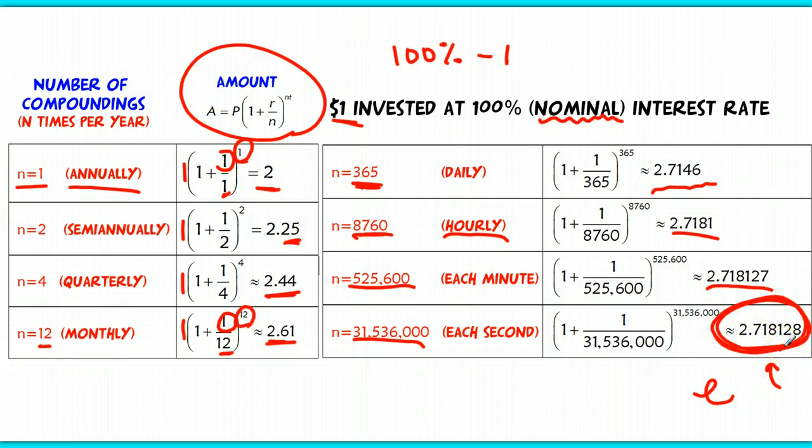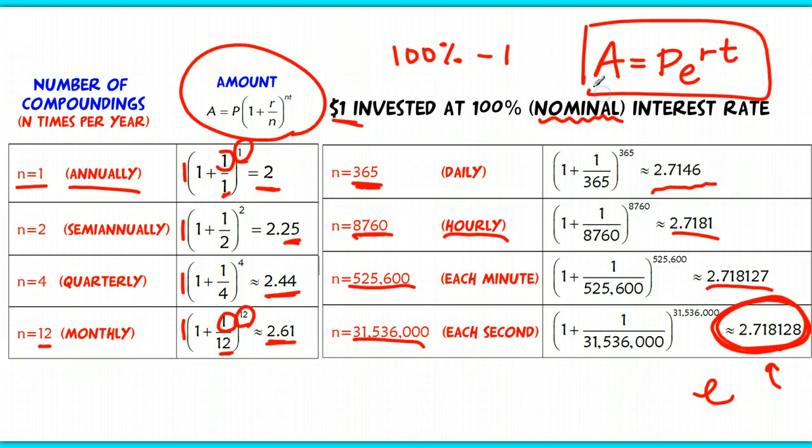So that's where that new formula, your interest is your principal, multiplied by e to the rt power, Pert, as I like to call it. So that's where that's coming from, because eventually, if you start to compound something continuously, so not just every second, but literally all the time, you're compounding it continuously, it eventually becomes e.